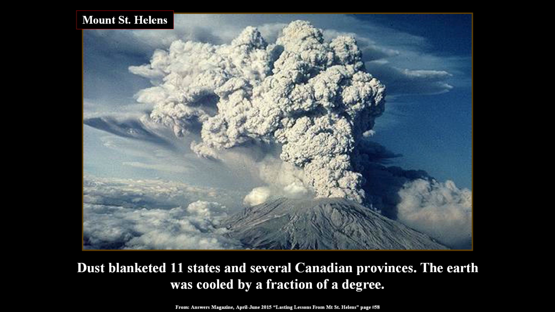If you'll notice this globe right here, just to give you an insight, guys, one volcano caused the entire globe to cool, it says here, by a fraction of a degree.